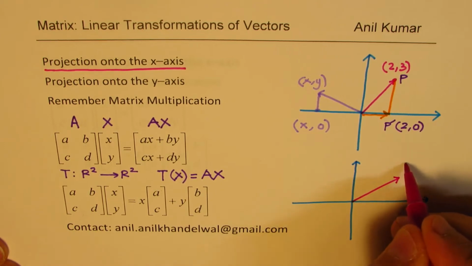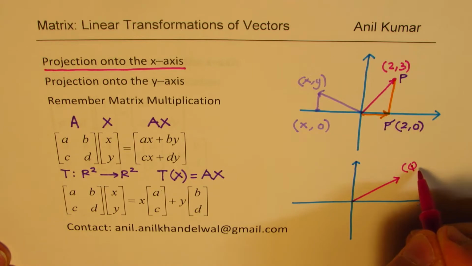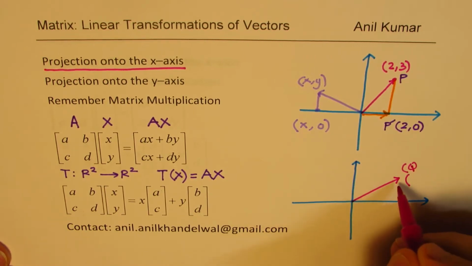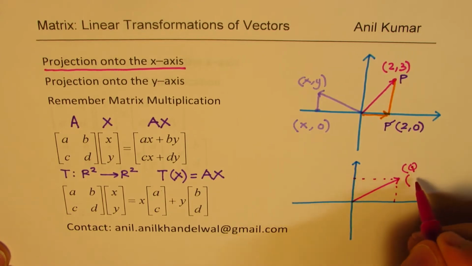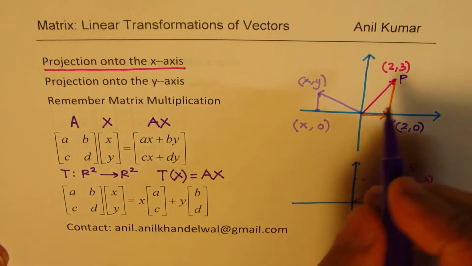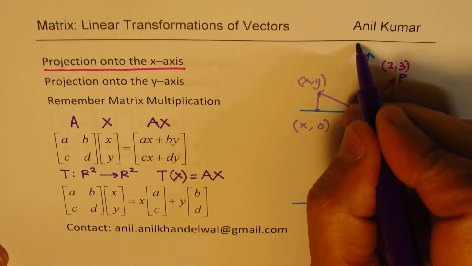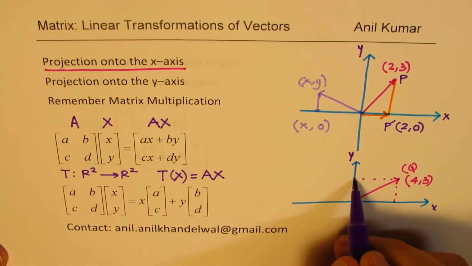Let's take this point as Q, and let's say Q is (4, 3). In that case, the projection of this point on the y-axis. So this is your x-axis, this is your y-axis. Clear? So the projection of this will be here, right?